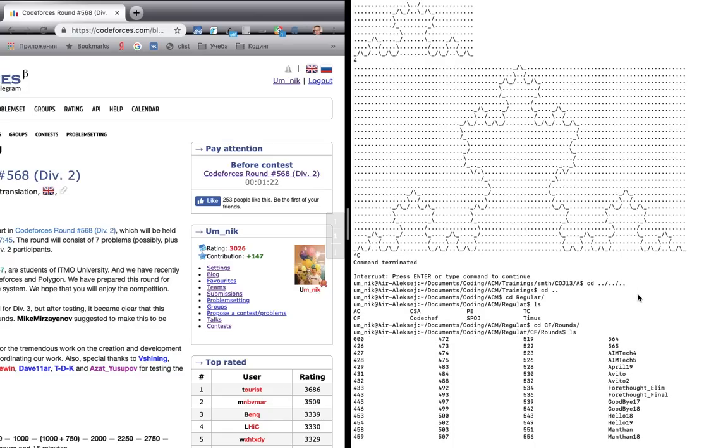It's not given in the statement how you should draw the stuff. It says just use these slashes, backslashes, and underscores.